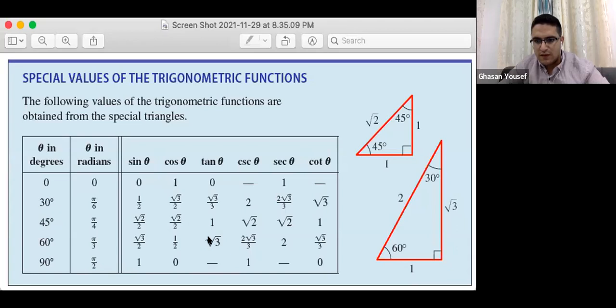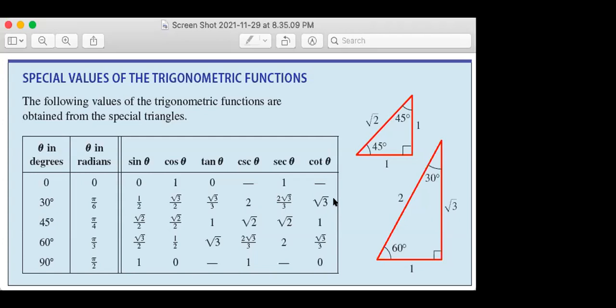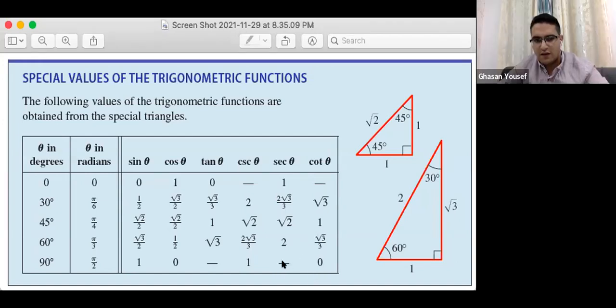What do the dashes mean? By dashes, I meant where it says CSC 0 in one chart, and then in the other chart it says 0 in degrees. This is what you mean.